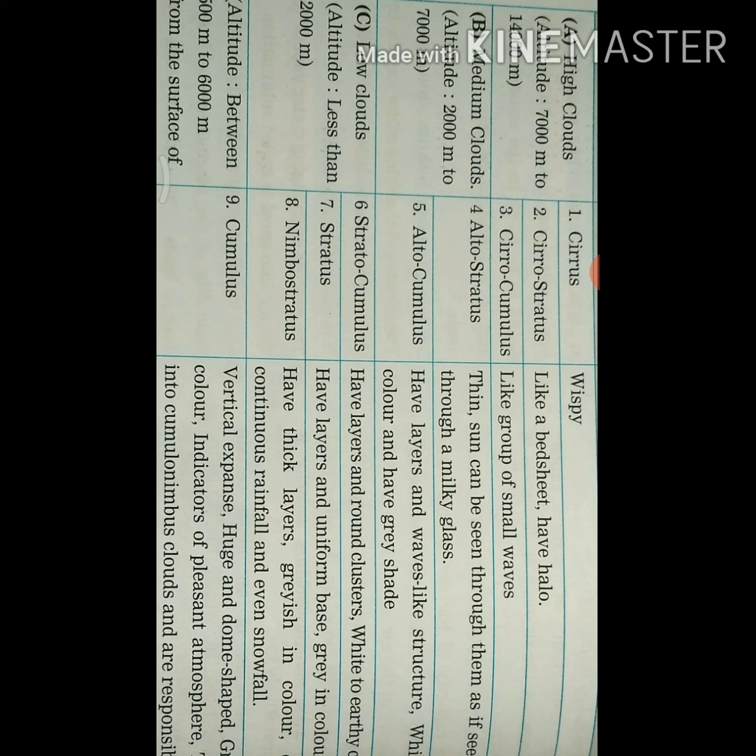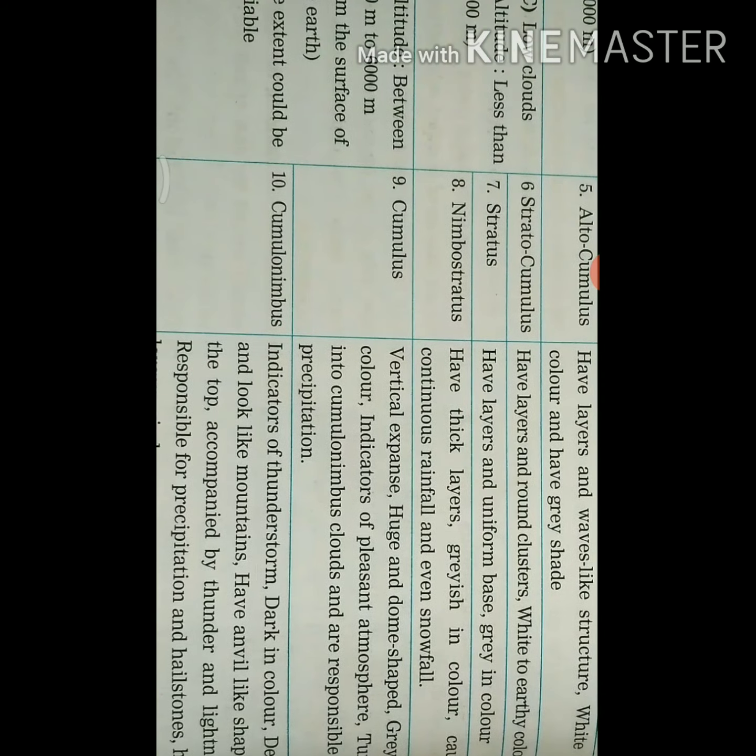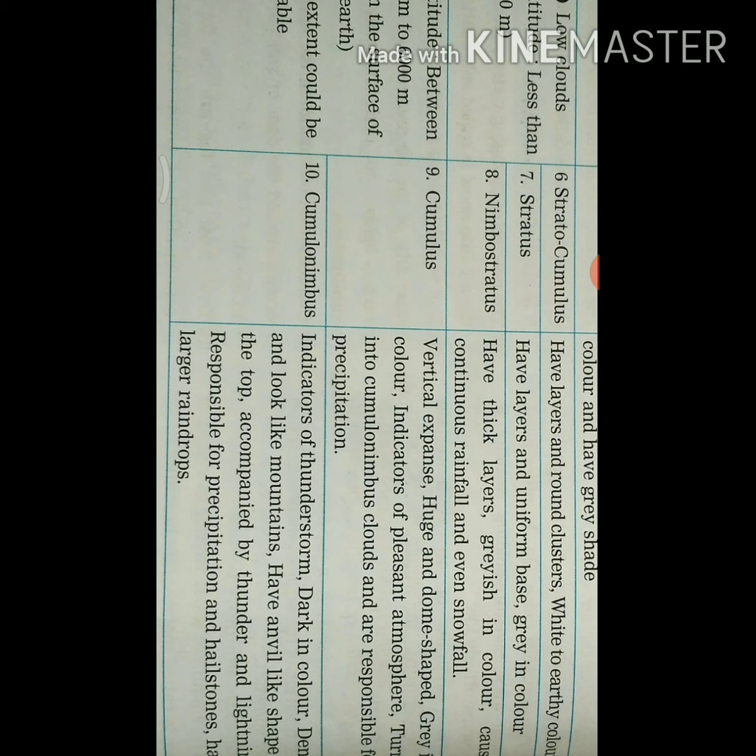Then cumulonimbus clouds. It indicates the thunderstorm. In rainy season, you can see these types of clouds. Dark in color, dense and look like mountains, have a well-like shape at the top, accompanied by thunder and lightning. Especially you know it very well in the rainy season. You can see all these types of clouds.